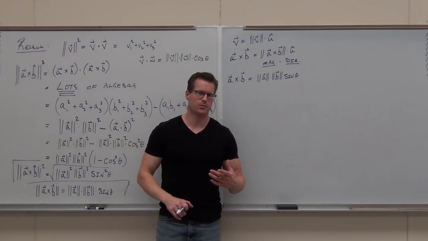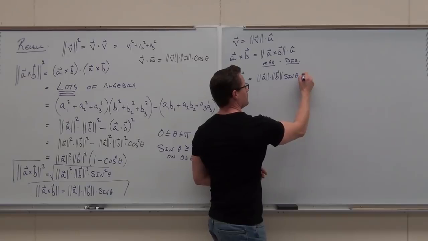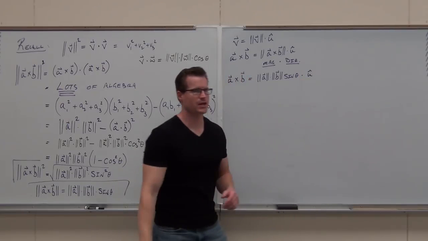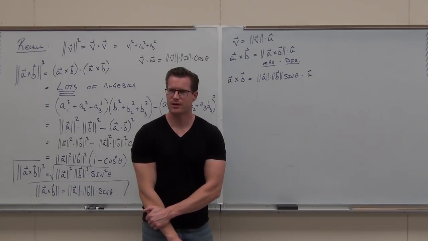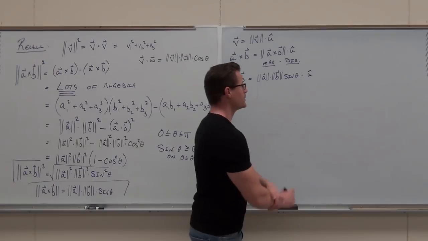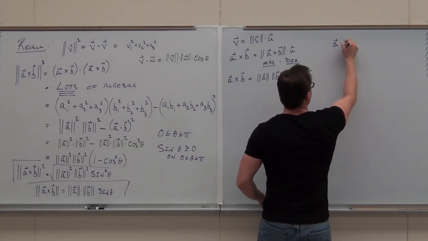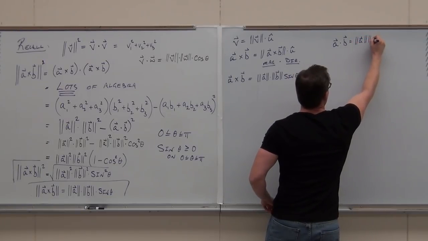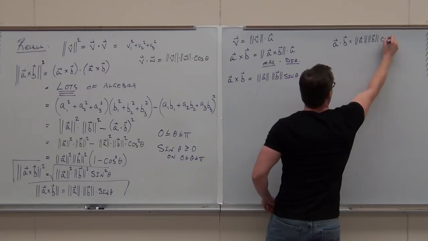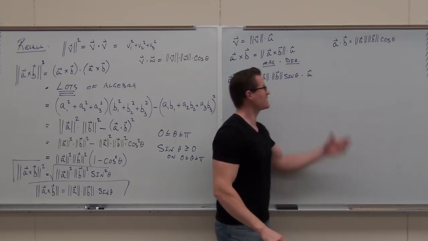The reason why I'm doing this is it's going to become apparent in just a second. But do you guys see a similarity here? Do you remember the dot product? We had it earlier. The dot product of A and B was that thing. That's really similar.